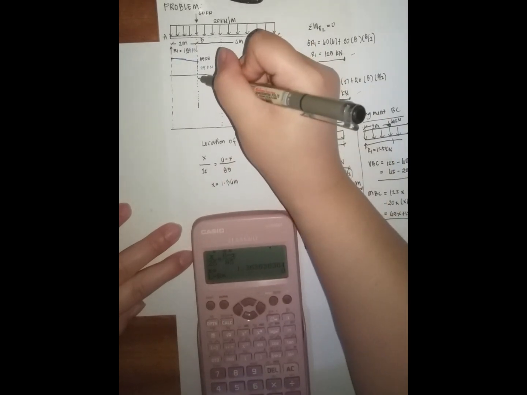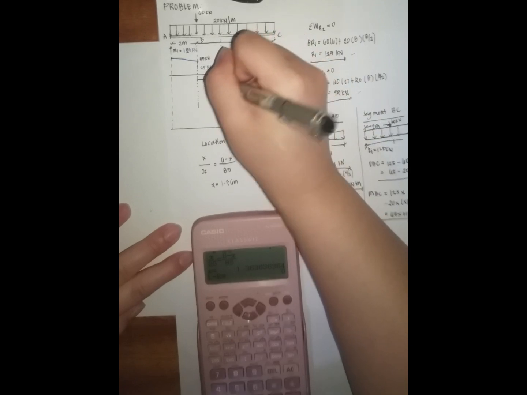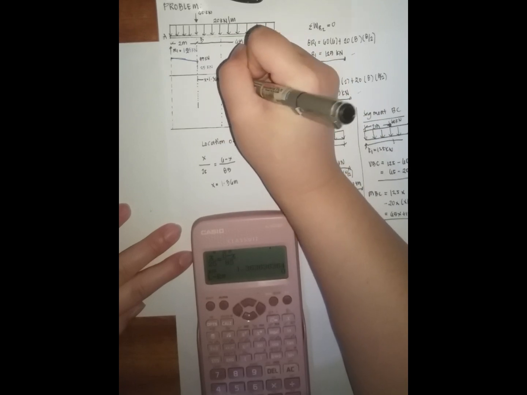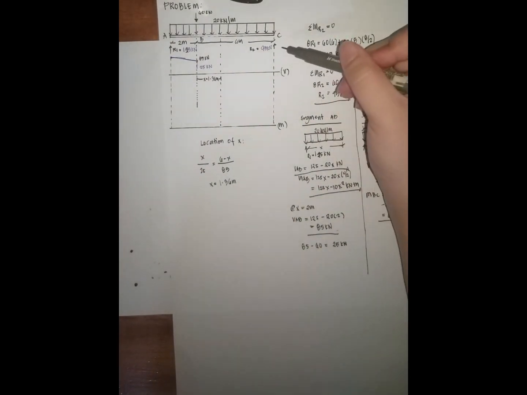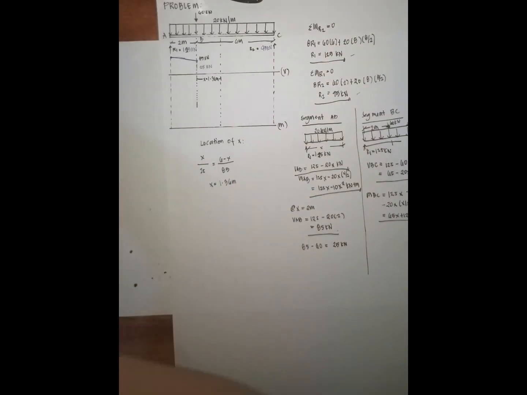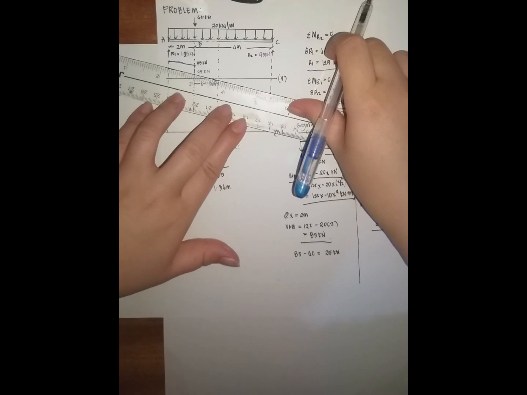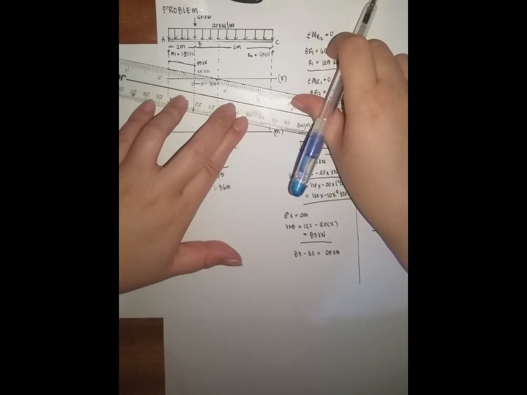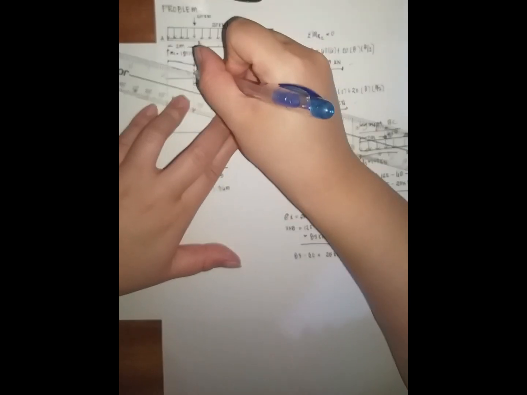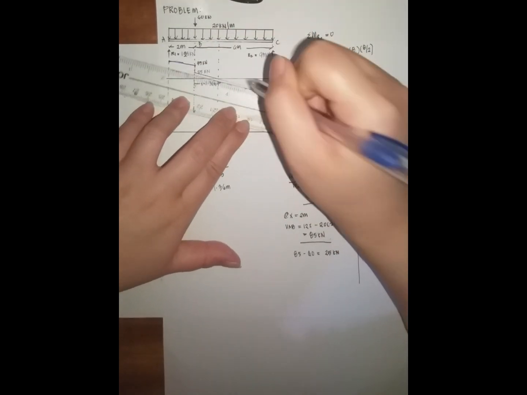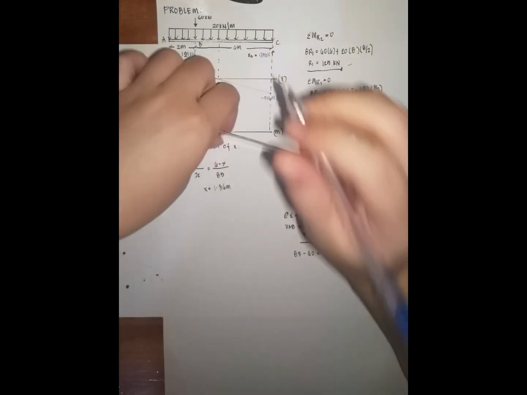So from here x is equal to 1.36 m. Since we have 95 kilonewton here, it is considered to be downward. It's the rule of a diagram. Okay, so we have 95 kN.